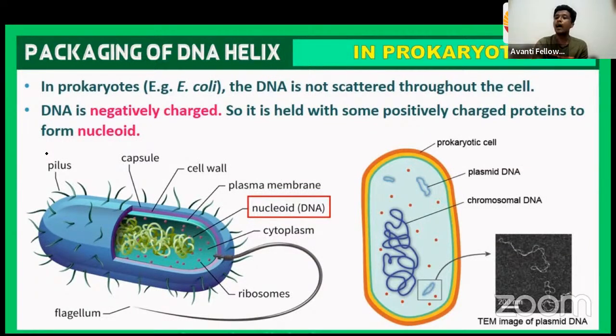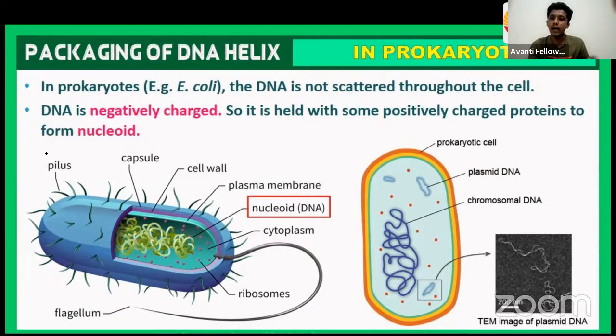We'll understand what happens if you miss certain base pairs in your DNA. That is why all living organisms try to pack their vital information, that is DNA, inside their cells.